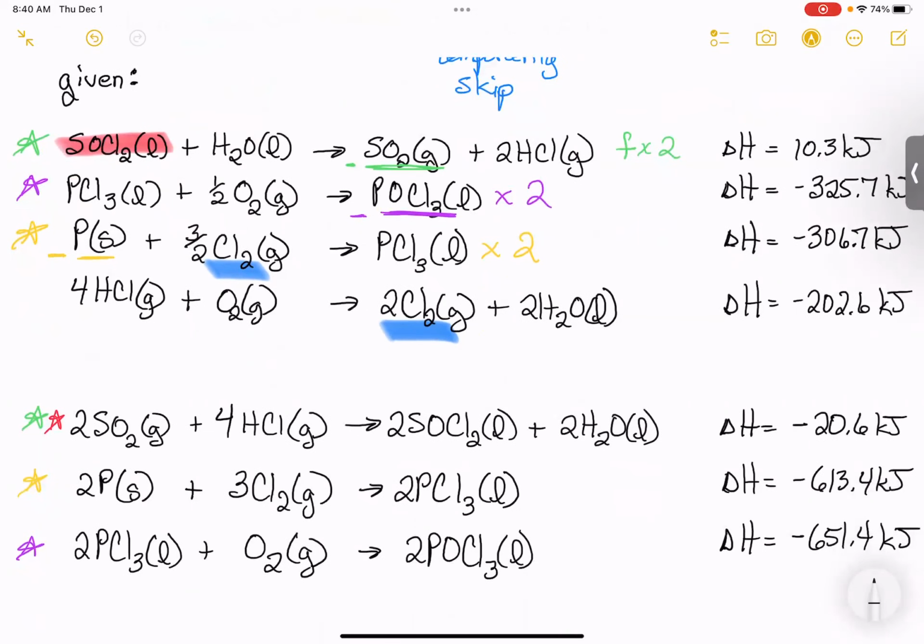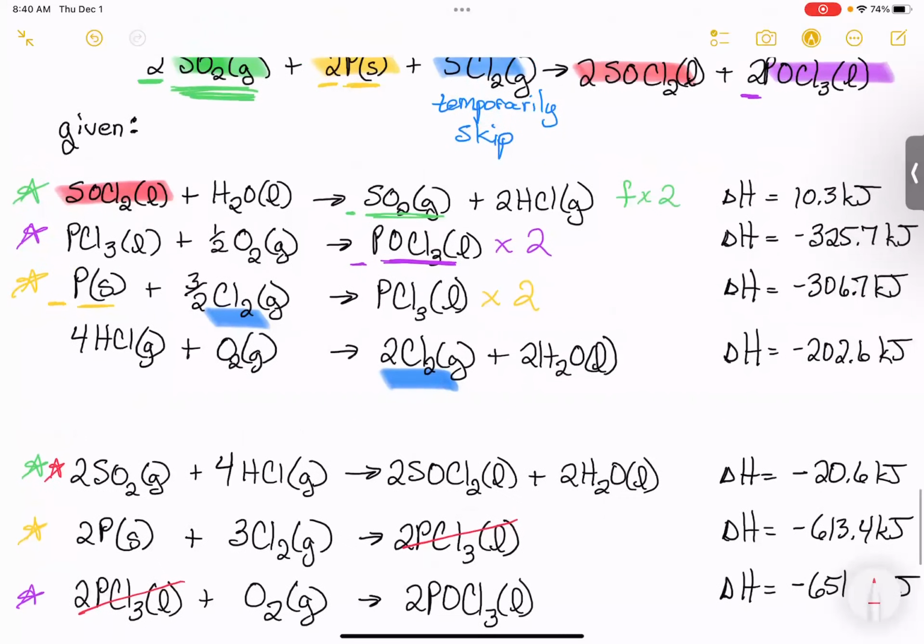Looking at what I have so far, my PCl3 liquids have disappeared because I have a PCl3 liquid on the reactant side and a PCl3 liquid on the product side. But that's all that's disappeared. And what I noticed from my original reaction is I don't need 2 H2O liquid.